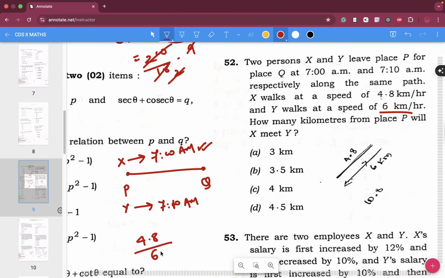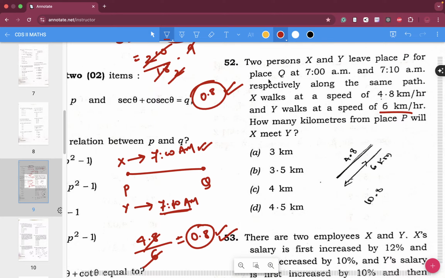Divided by 6, which means 0.8 kilometers has already been traveled by X, right? So when Y starts at 7:10 a.m., he or she will have to cover up this distance of 0.8 kilometers.